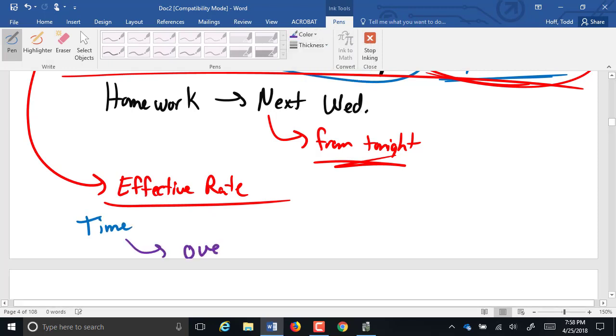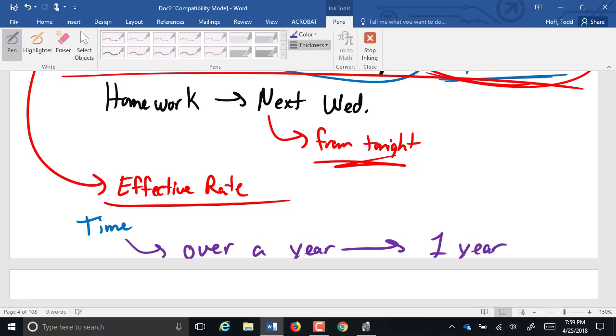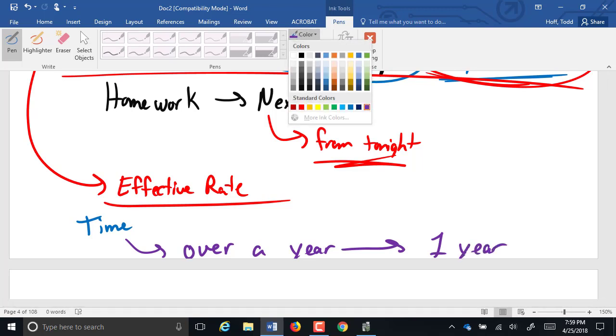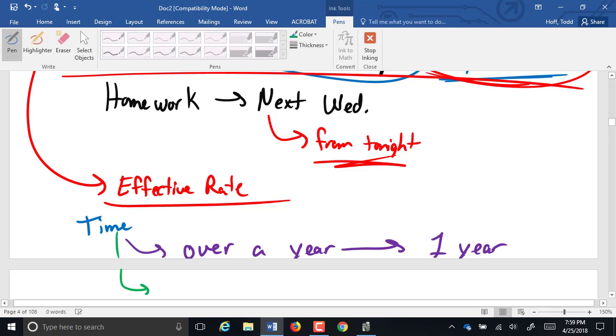If it's over a year, more than a year, you use 1 year. If it is less than a year, you use the actual time. Yes, the actual time for less than a year.